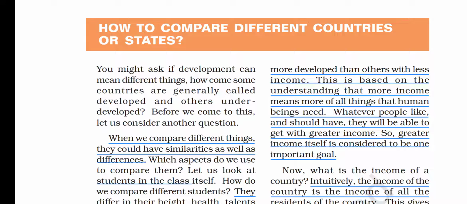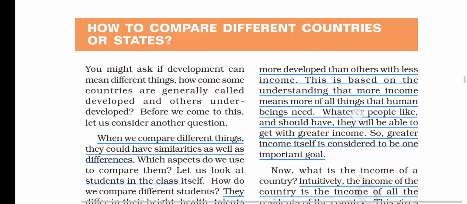Whatever people like and should have, they will be able to get with greater income. So greater income itself is considered to be one important goal, as greater income can get better facilities for the people.